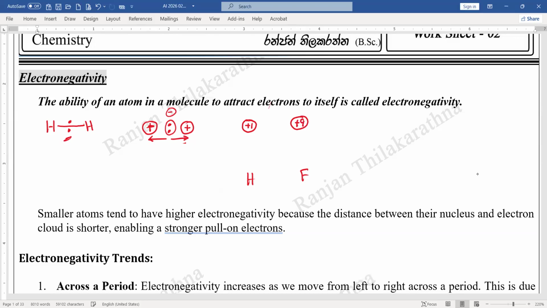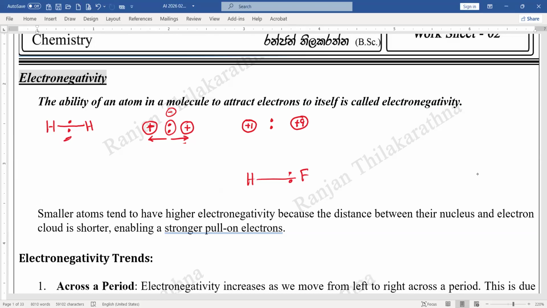The nucleus is positively charged. It has 9 protons. Therefore, the charge is 9 pluses. Still, we have a pair of electrons in between these two atoms. Then that electron pair may be much closer to the fluorine.